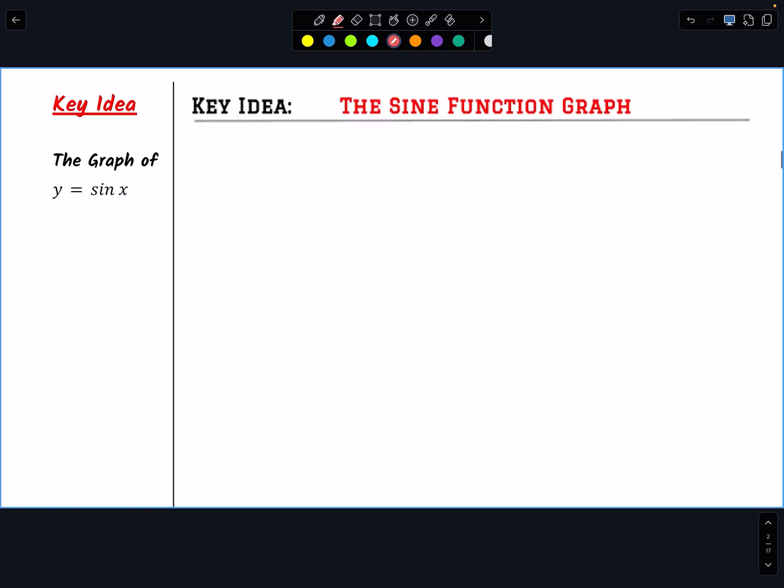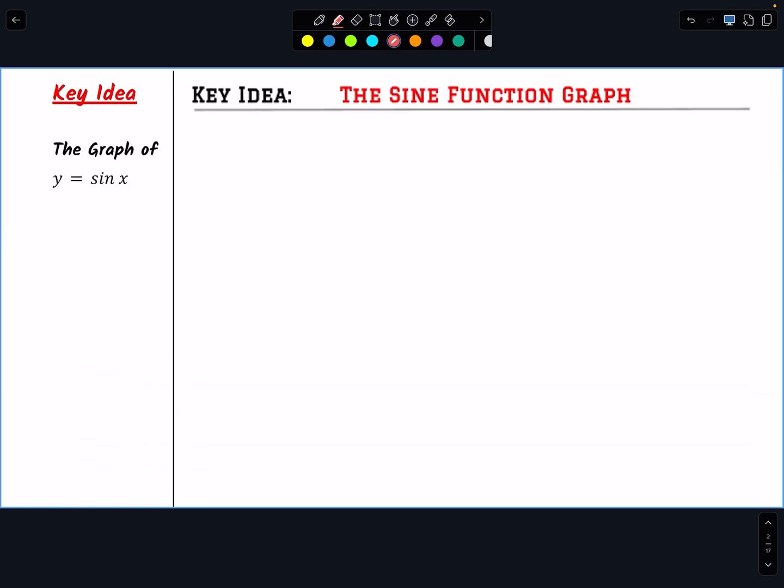All right, so let's talk about the sine graph first. Don't put any boxes in yet. We're just going to talk about this first. So if you guys are looking at your unit circle, this is basically where this idea is going to come from.